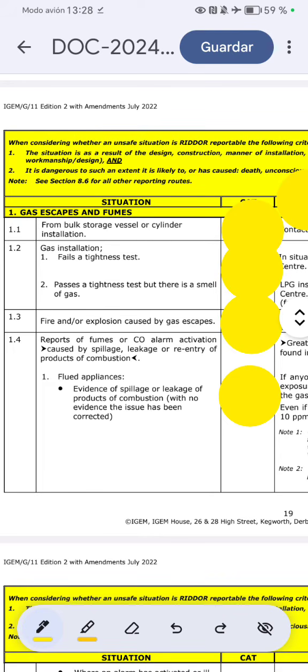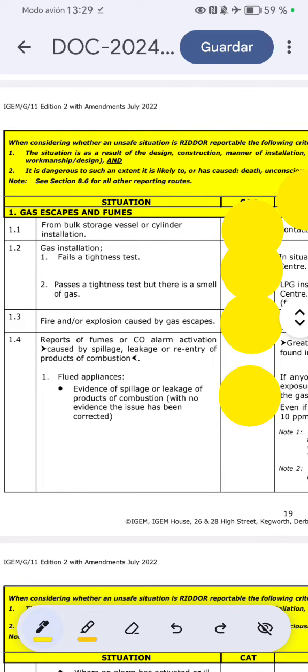So gas escapes and fumes from bulk storage vessel or cylinder installation. If you have a look on the right, there are notes there that can guide you as well on what to do thereafter. But let's see, what would you say? I'm not sure what they mean by bulk storage vessel or cylinder, especially in regards to gas escapes and fumes. I don't know what they're referring to there.